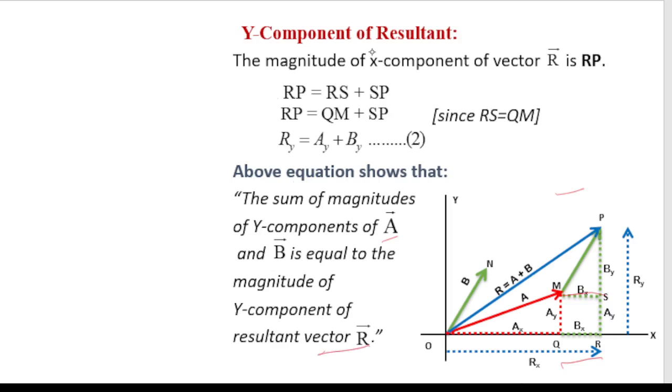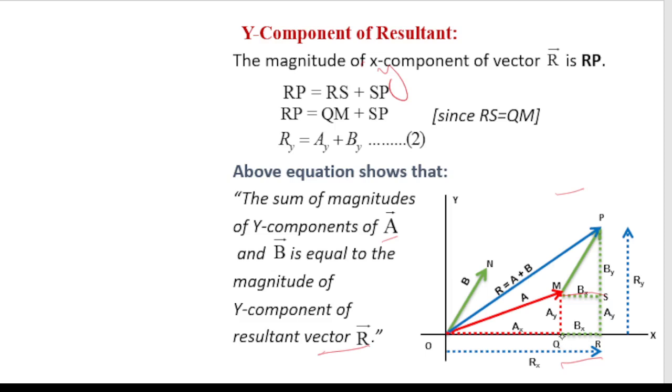Same as y component, the magnitude of y component of vector R is RP. RP is equal to RS plus SP. RP is equal to QM plus SP.